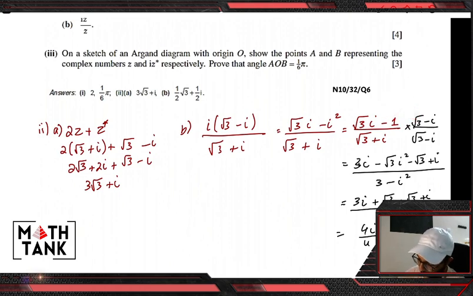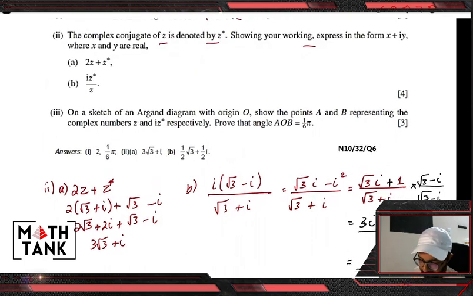This should be plus 1, which is what's messing up all my calculations. So root 3 and then minus i. So I get 3i plus root 3 plus root 3 minus i, that gives me 2i plus 2 root 3 over 4, so that gives me i over 2 and root 3 over 2.